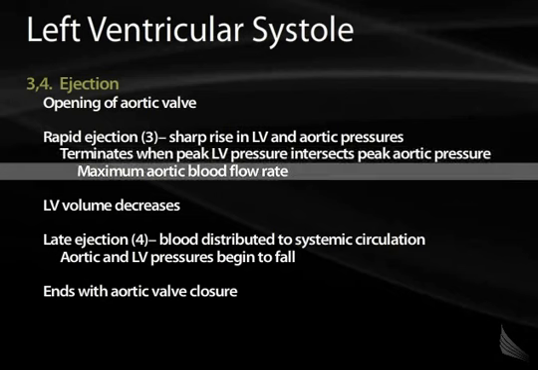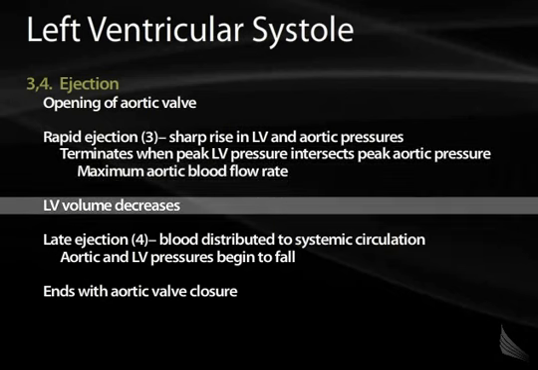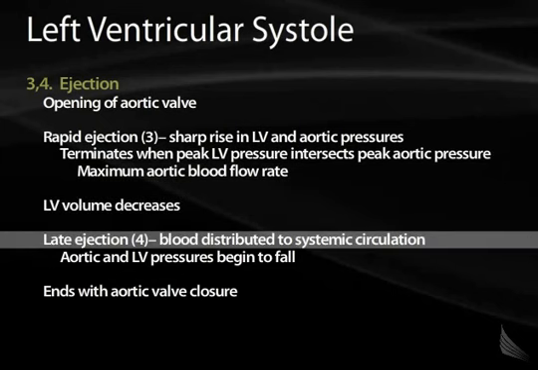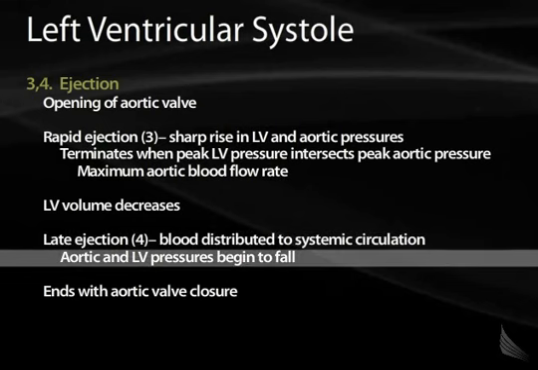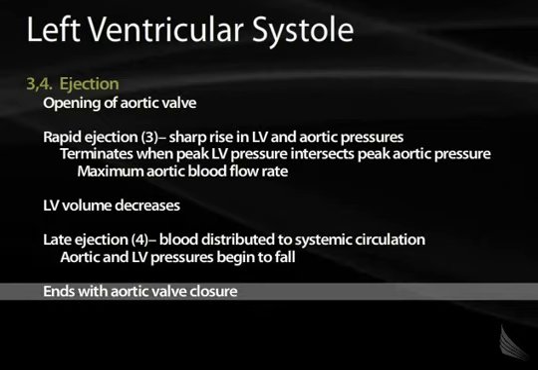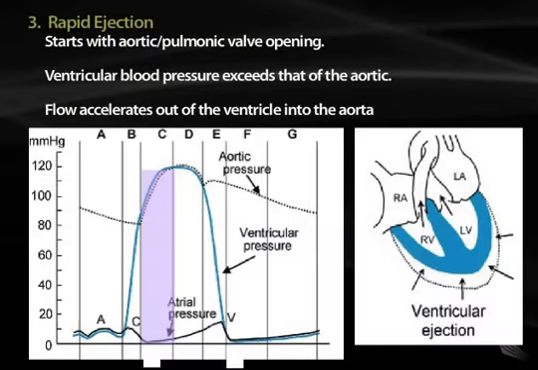This is the point where the aortic blood flow is at its maximum. When the left ventricular volume decreases, late ejection begins. This blood is distributed to the systemic circulation. At this point also, aortic and left ventricular pressures begin to fall. Ejection ends with aortic valve closure.